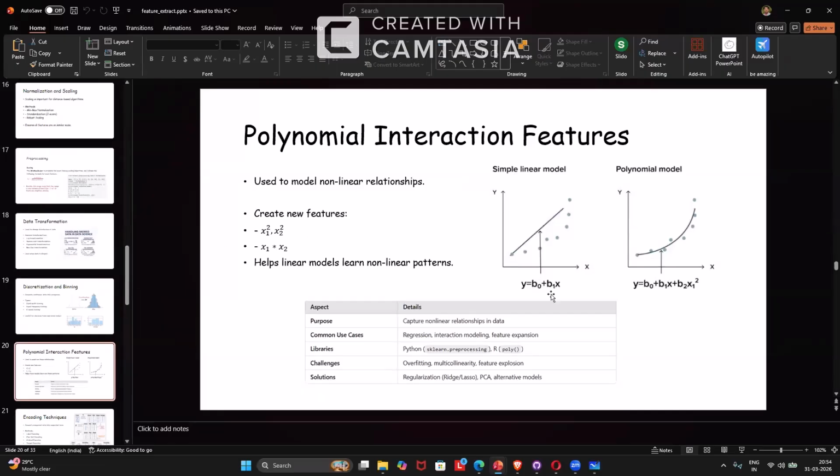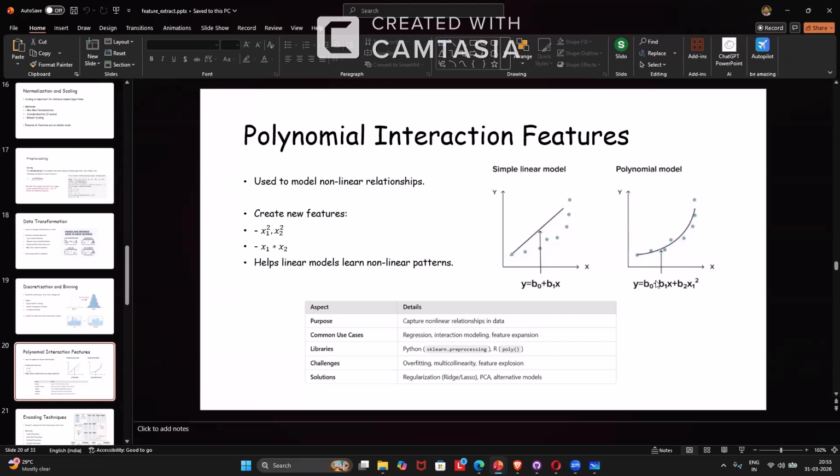Suppose you have one variable x and one output variable y. If you try to fit a line for this particular distribution of data, it won't work, right? We need to create a curve like this.